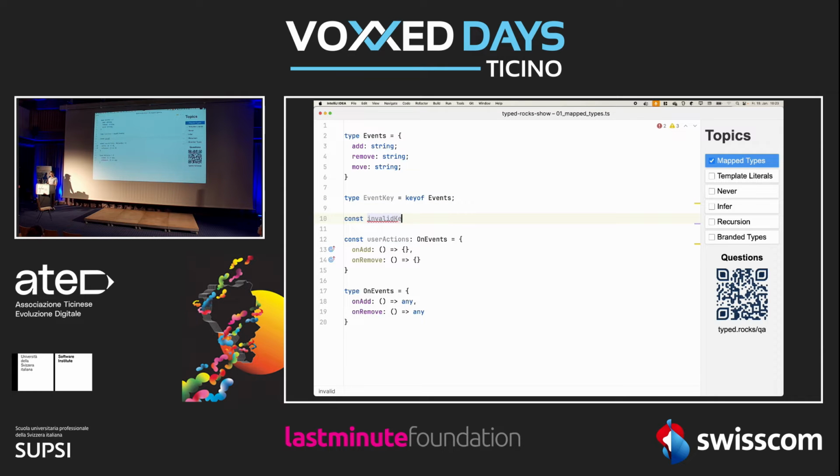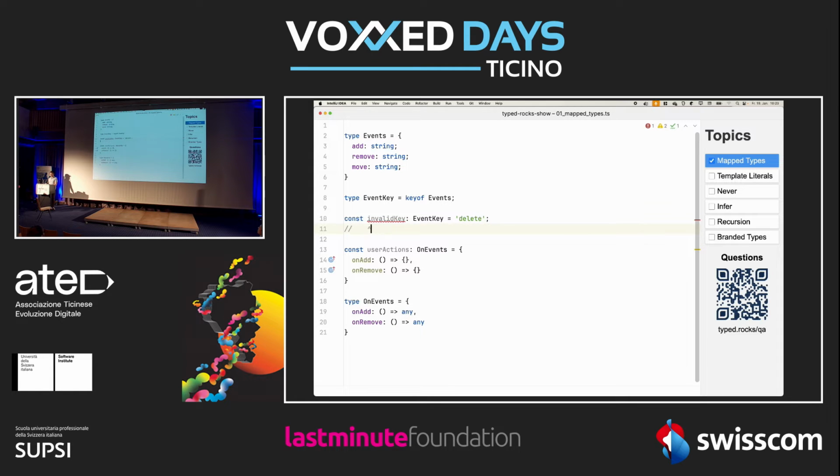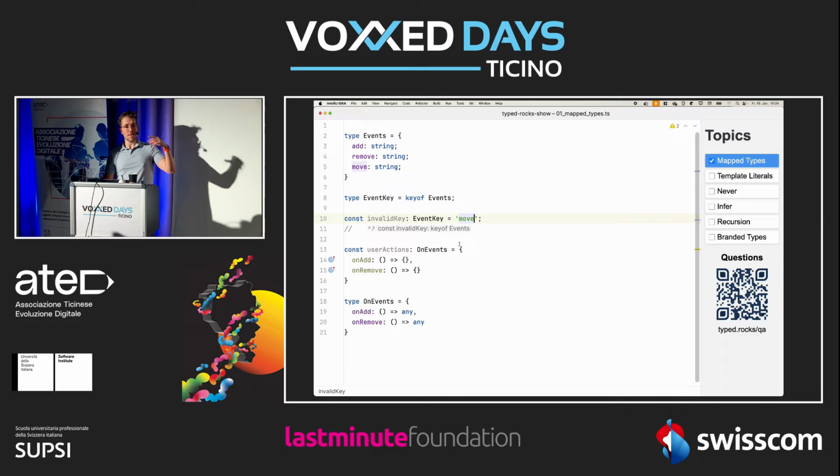If you have an invalid key, for example delete, we get an error because delete is not assignable to type keyof Events. If we change it to move, it's absolutely fine because it is in the keys.